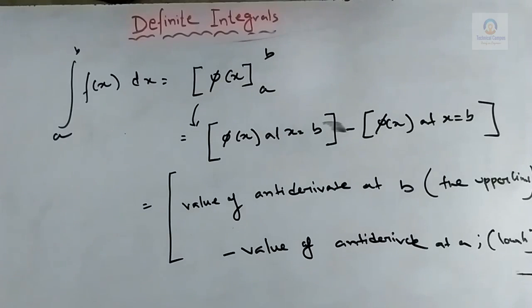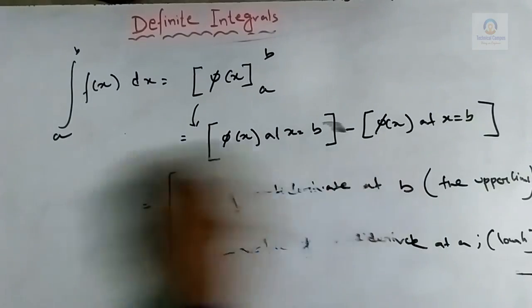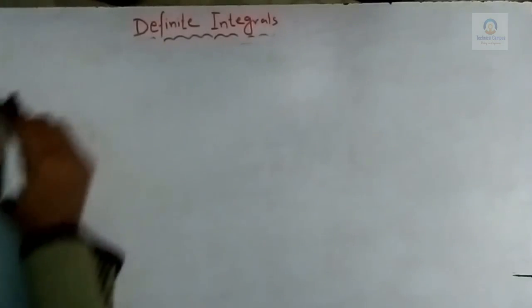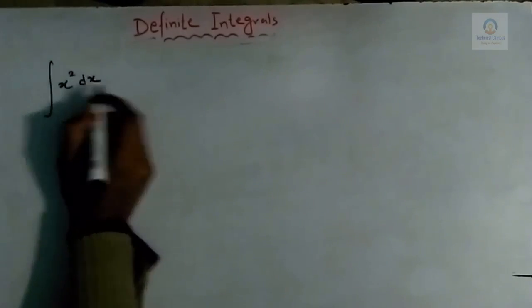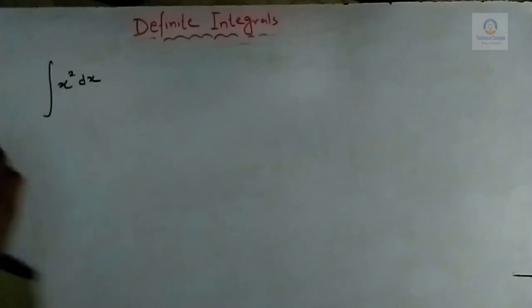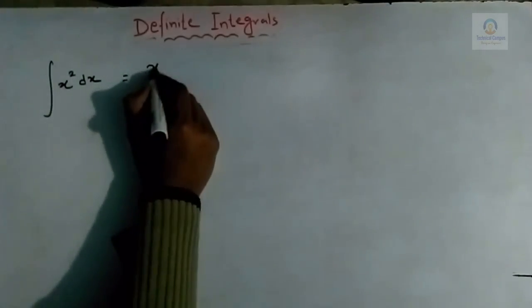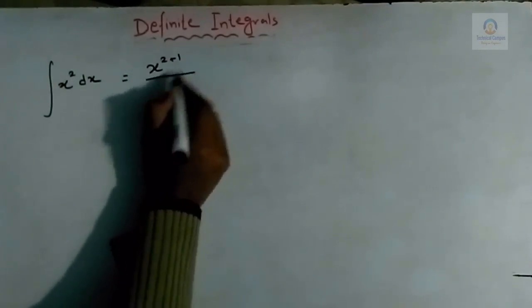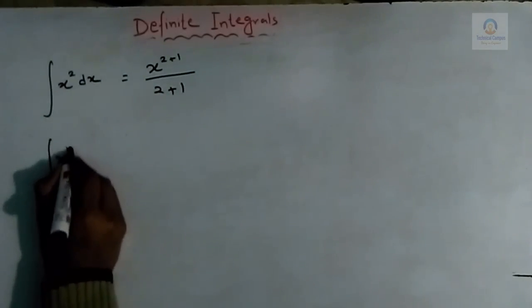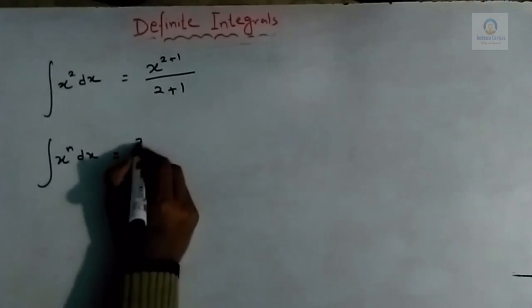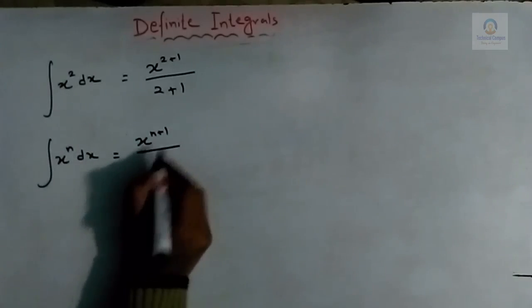Now let us learn how to perform definite integrals. Let us take an example to understand the concept. Suppose we have the function x square dx. In the case of indefinite integrals, the result of integration will be x to the power 2 plus 1 divided by 2 plus 1, because from the formula for x^n dx, the result is x to the power n plus 1 divided by n plus 1.